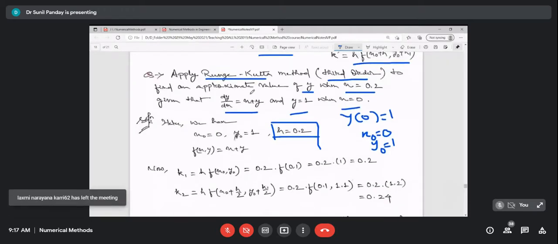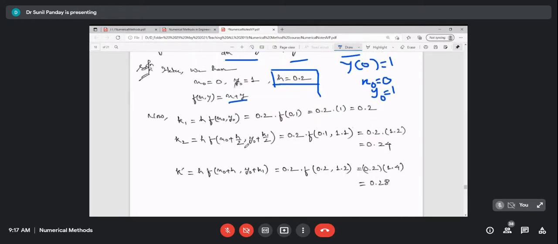Then we identify what our f(x, y) is. This is f(x, y), dy by dx, whatever is on the right side, and then we calculate the values. Remember that k1 is h times f(x0, y0), so 0.2 into this, and then we calculate f(x0 plus h by 2, y0 plus k1 by 2).